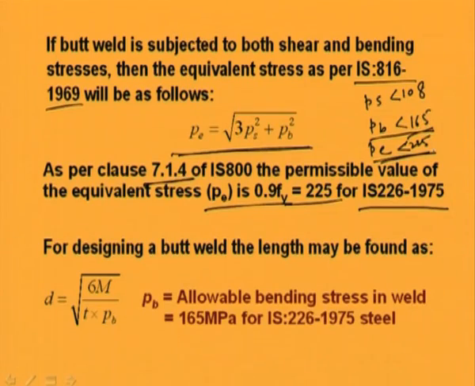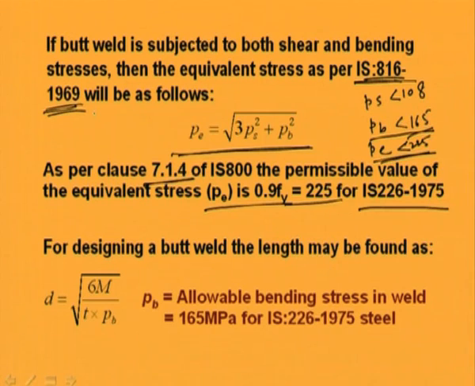Another thing is the equivalent stress for the combined effect, that should be less than 225 MPa. That means the combined stress whatever we are coming, that is square root of 3 PS square plus PB square, that should be less than 225. So, all this check has to be done, and this is given in IS 816/1969, the formula which has been specified by the code.